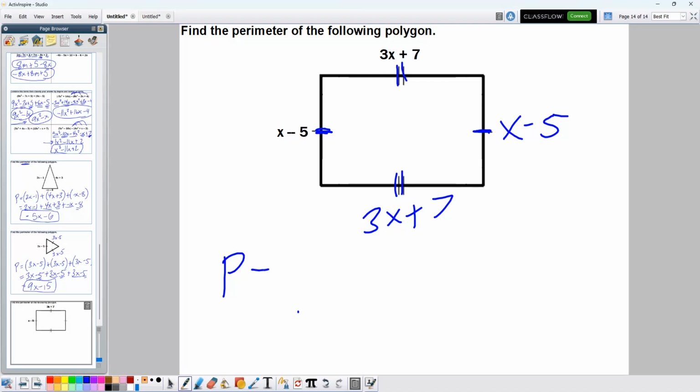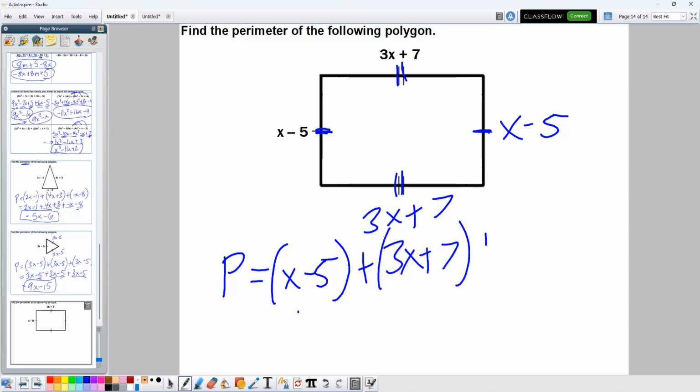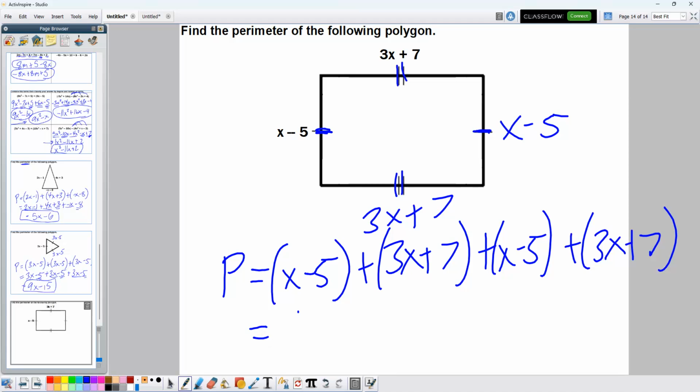So I'm going to have perimeter equals x minus 5 plus 3x plus 7 plus x minus 5 plus 3x plus 7. I got plus signs in between all those so I can rewrite it without the parentheses.